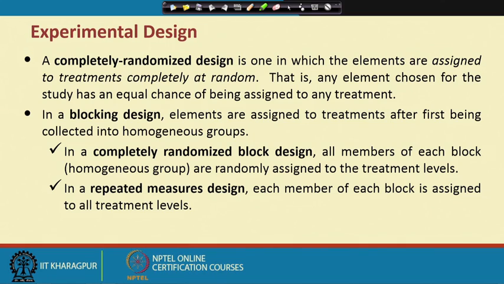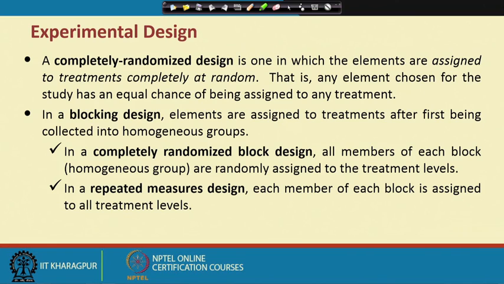And the third component is with respect to experimental design, and basically ANOVA can be connected with the design of experiments, that is typically called DOE. Here a completely randomized design is one in which the elements are assigned to treatments completely at random, that is, any element chosen for the study has an equal chance of being assigned to any treatment.